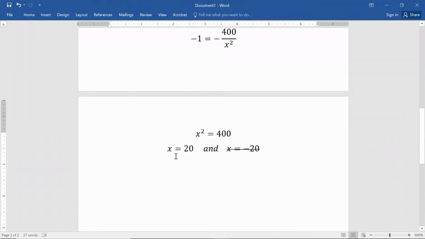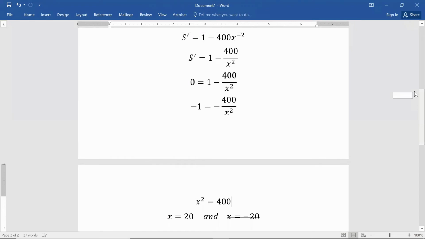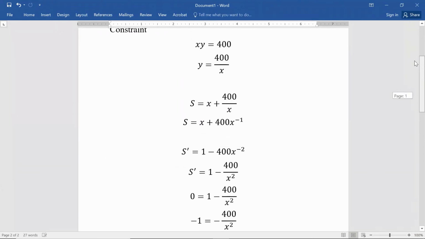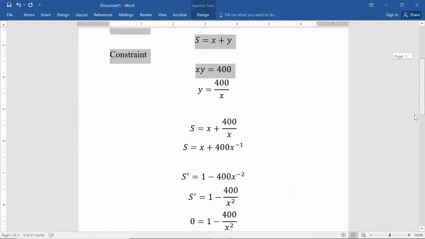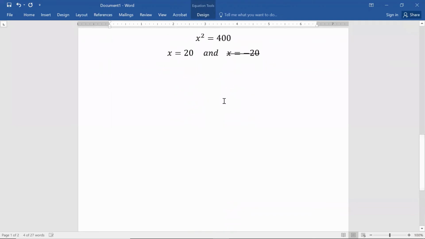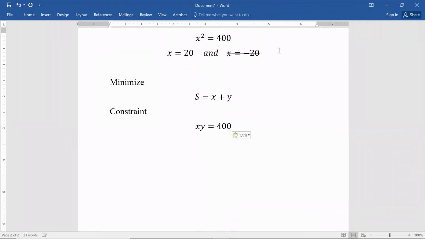Let's go back up and see what that means. Remember, we were going to minimize with this constraint. And now we know that X is 20. If X is 20, my constraint equation forces Y to be 20.